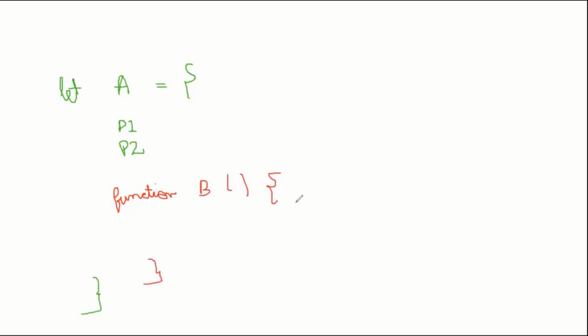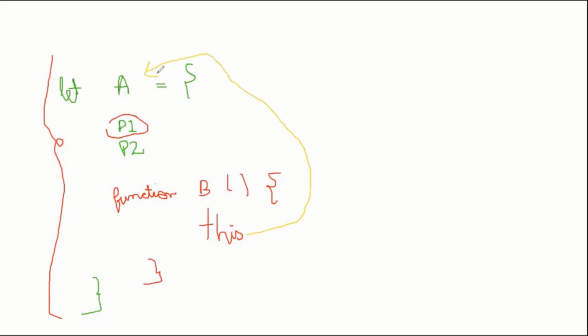To access this thing from the parent object, we can simply use this, and here this represents this particular A. If I put it here, p1, this particular thing will point to this thing.